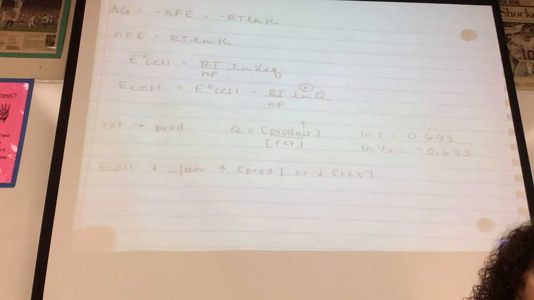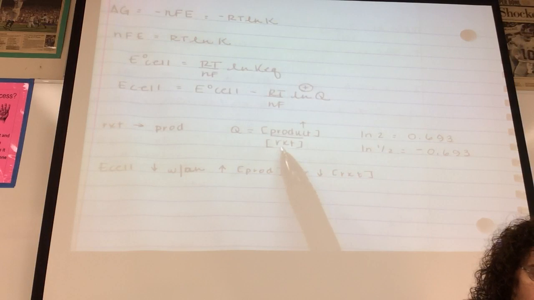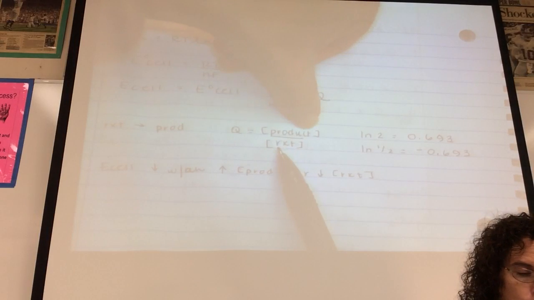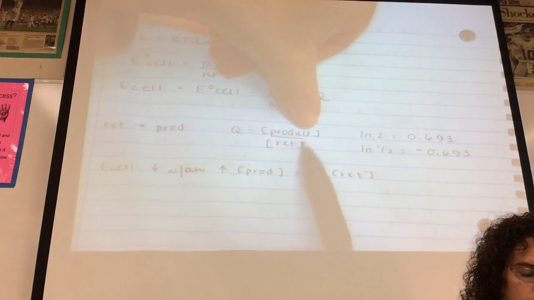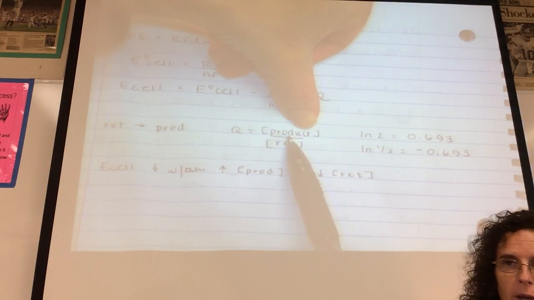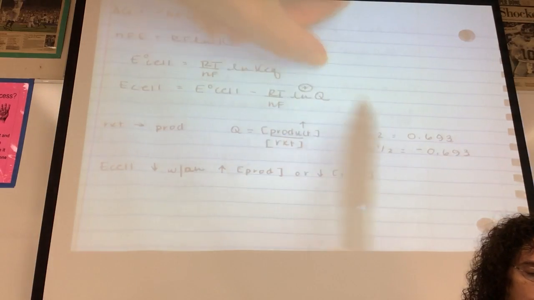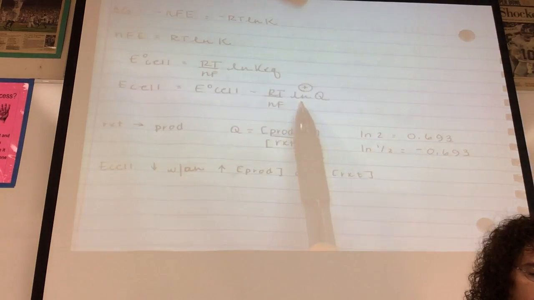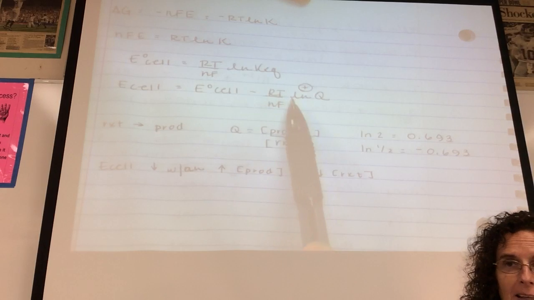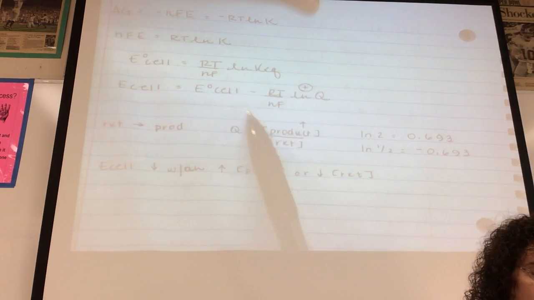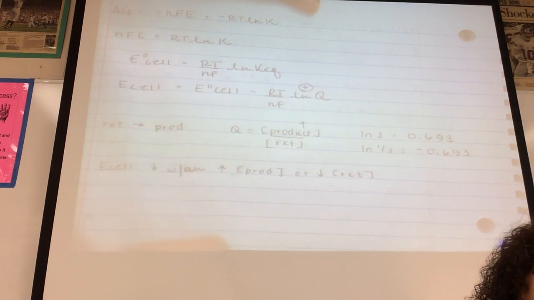Now, in contrast, had we increased the concentration of reactant, Q would have been a fraction. So ln of Q would have been negative. We would have put a negative in here, and a negative times a negative is a positive. So we would have been adding to E cell.